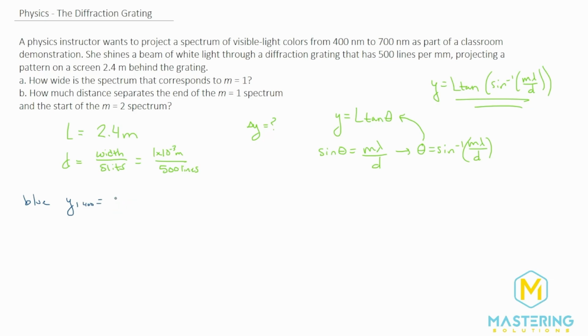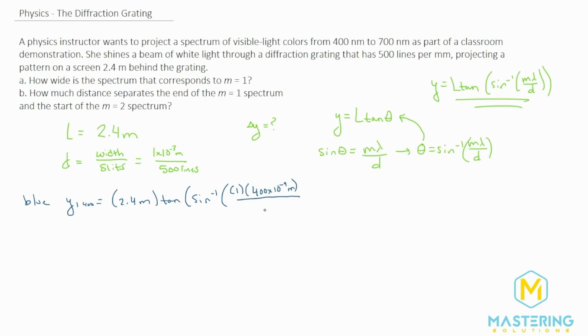L, which we said is 2.4 meters, times the tangent of the inverse sine of m, and we're saying m1 because we want to know what corresponds to m1 here. So 1 times the wavelength we said is 400 times 10 to the negative 9 meters.